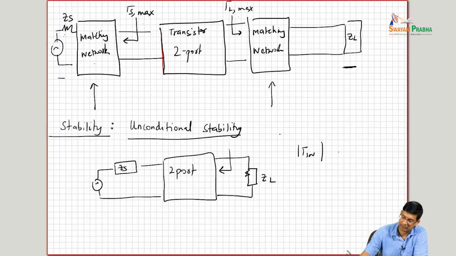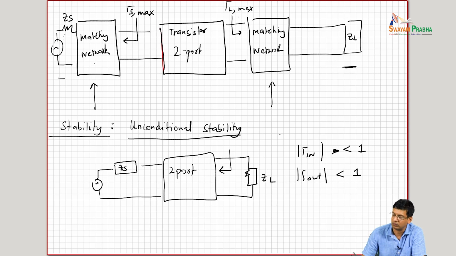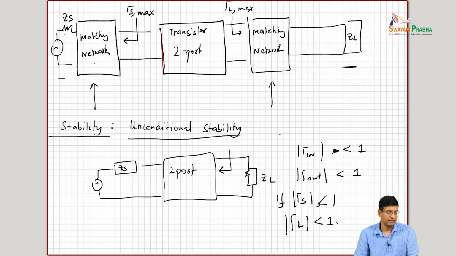That is, the magnitude of gamma in is always less than 1, and the magnitude of gamma out is always less than 1, if the absolute value of gamma S is less than 1 and the absolute value of gamma L is less than 1, right? This is basically what you are trying to achieve.